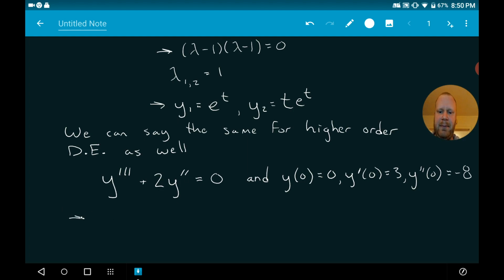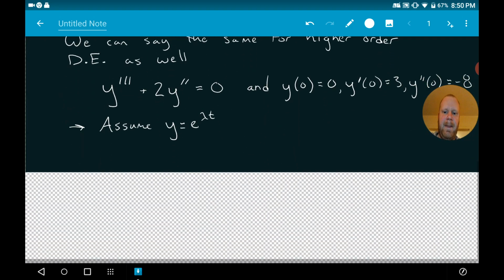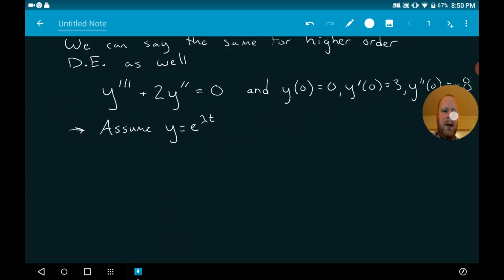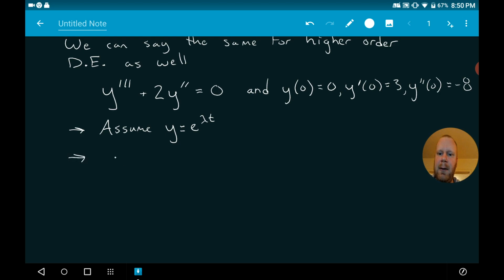But back to this differential equation, if we assume, like we did last time, that y is equal to e to the lambda t, well, then what we'll end up with is that the third derivative of y is going to be equal to lambda to the third, and the second derivative of y is going to be lambda squared, and that's going to be equal to 0.